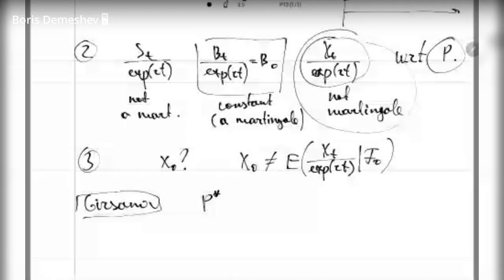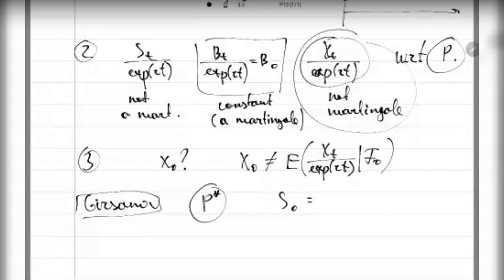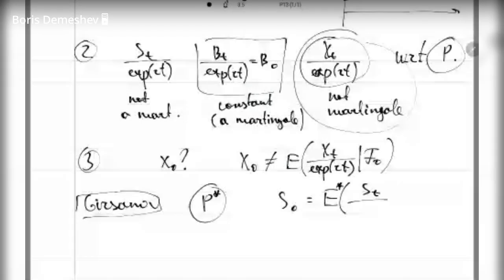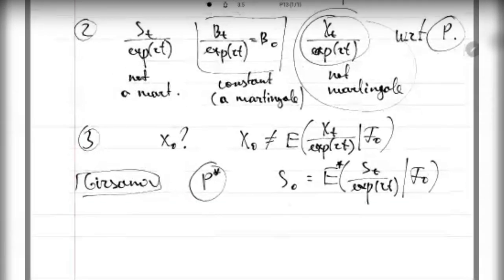We will create this P star in such a way that S_0 will be the expected value under P star of the discounted share price given F_0.